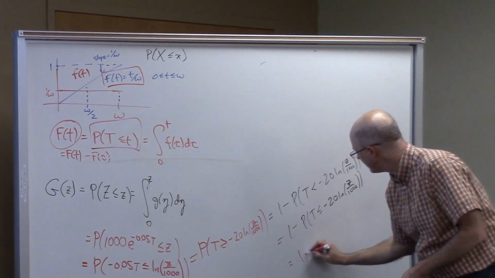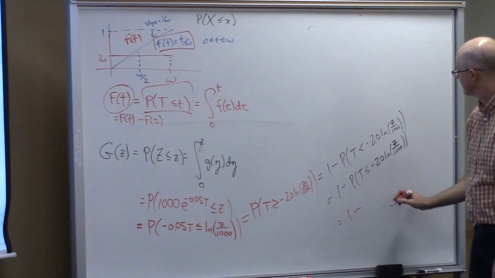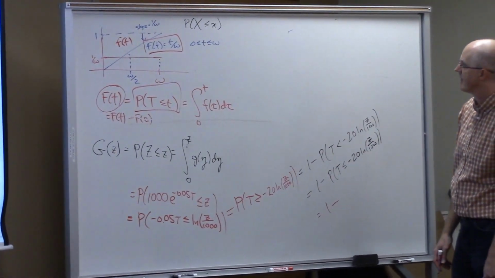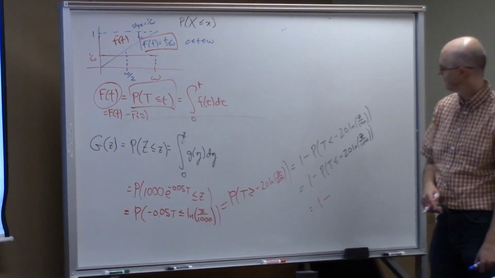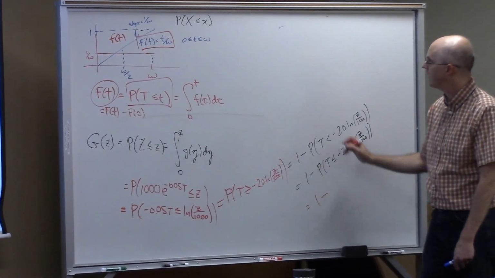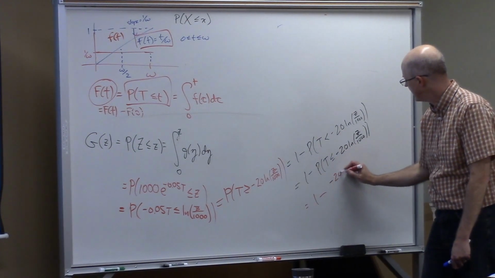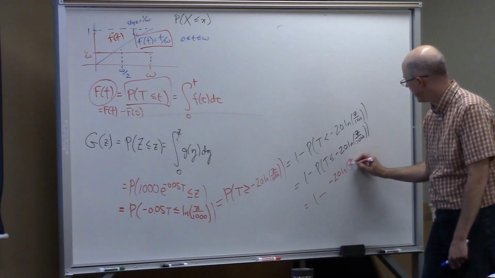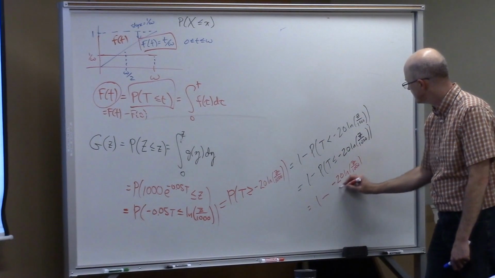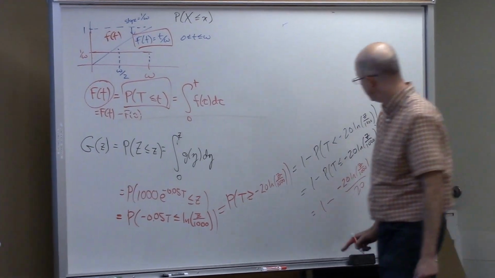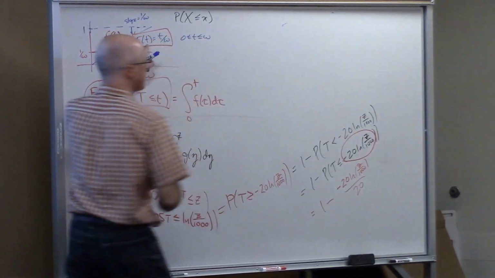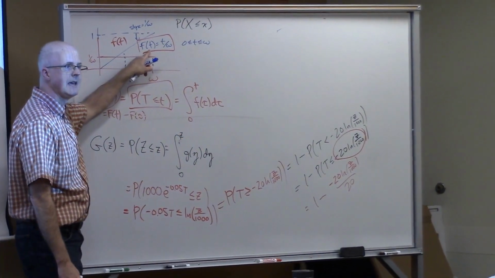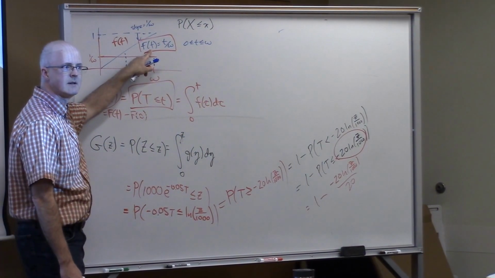I'm going to get 1 minus, did I have something for omega? Omega was 20. So we get 1 minus negative 20 natural log of z over 1,000 divided by 20. I'm plugging that expression into here in place of little t, and I'm using the fact that omega is 20.